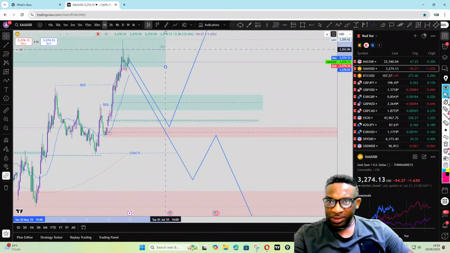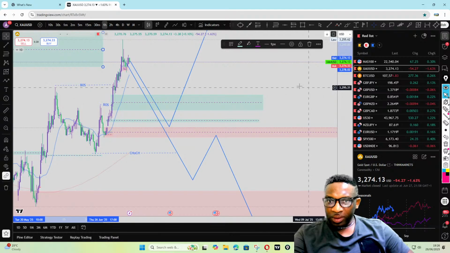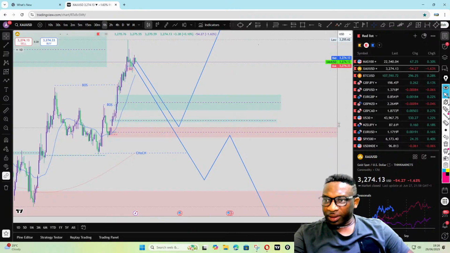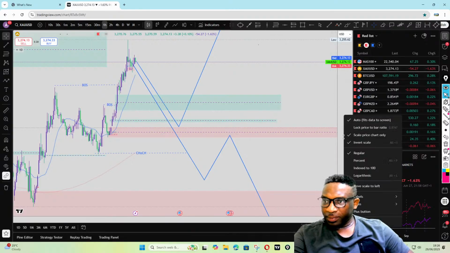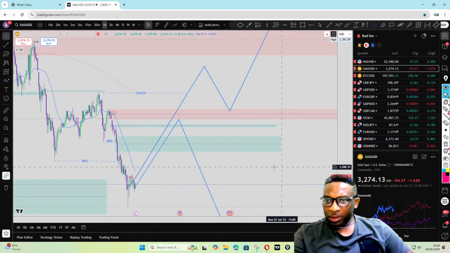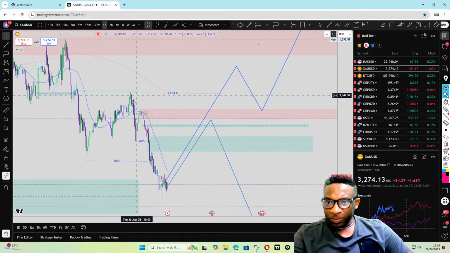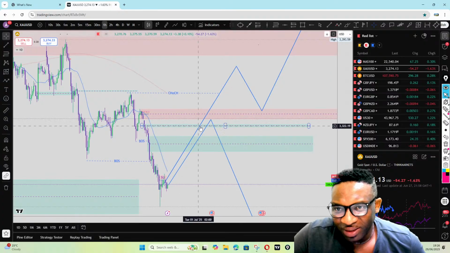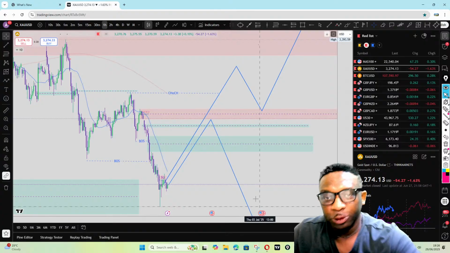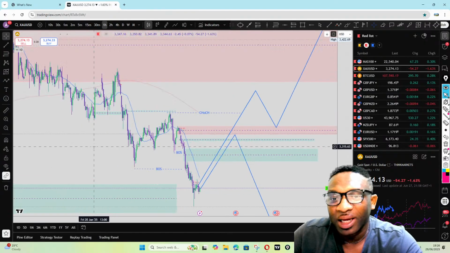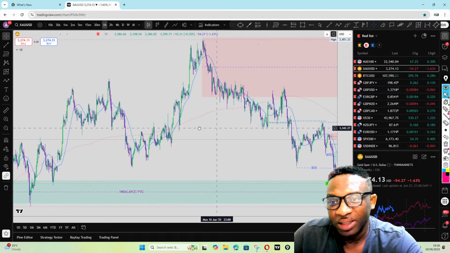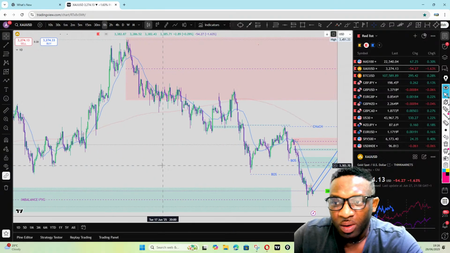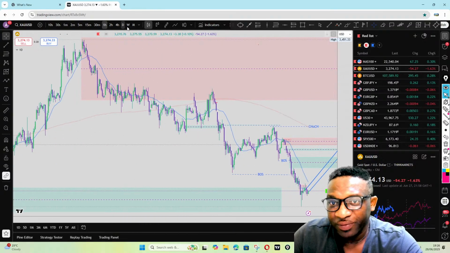Alright, so let's do our analysis on gold. So that's what we have here. Our expectation is for price to trade back to this area, then we continue the downtrend. Looking at it, we are kind of having a reversal in direction, as we can see a change in character even on the higher time frame.